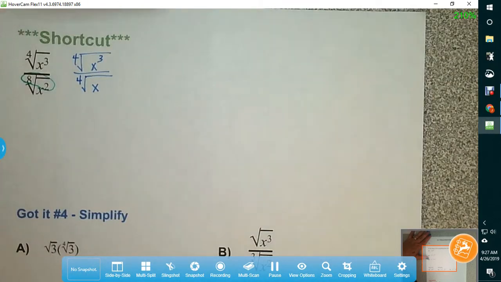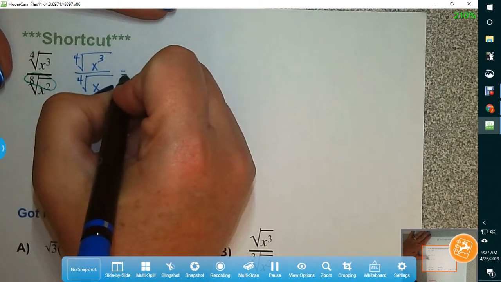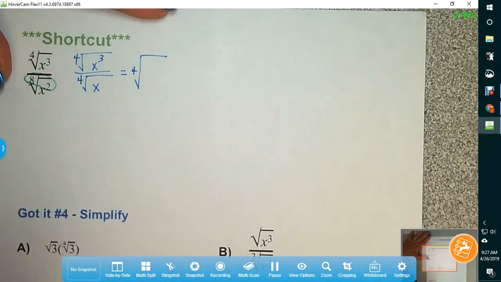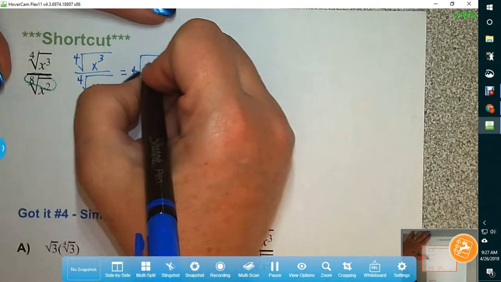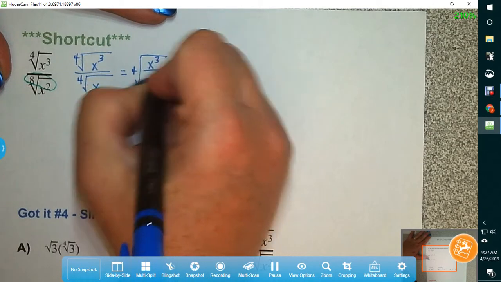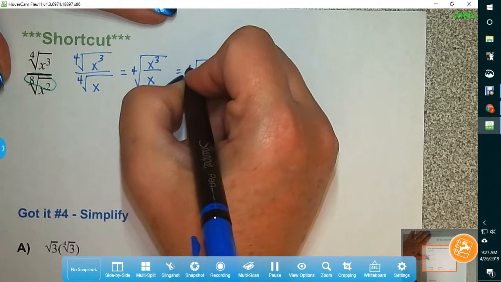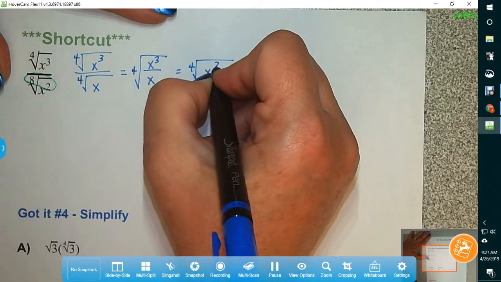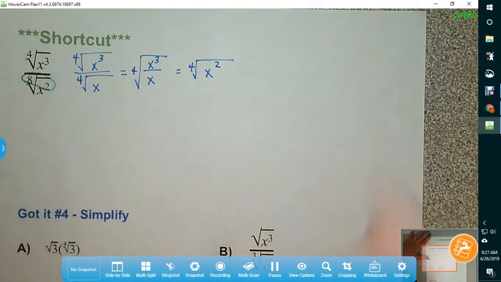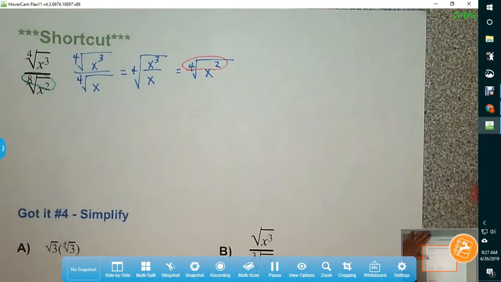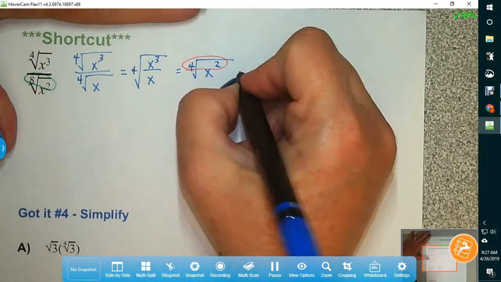Okay, so to finish doing it this way, because they are both fourth roots, I would put it together as one big fraction, or one big radical. Simplify that, so I get the fourth root of x squared. And now, again, my exponent and my index are divisible by the same number.